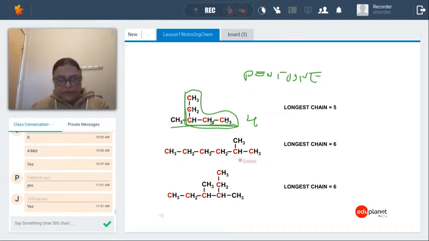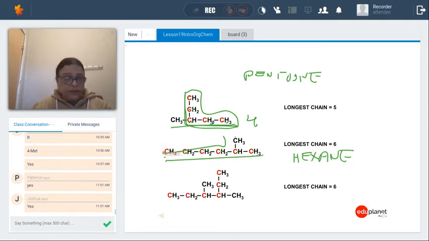What about this here? 1, 2, 3, 4, 5, 6. This is hexane. Now you can ask me, hey, if I count 1, 2, 3, 4, 5, 6, how do I count? This way or this way? Well, it doesn't make a difference in this case. Why? Look at that. Let's consider 1, 2, 3, 4, 5, 6. Then I have 2-methylhexane.